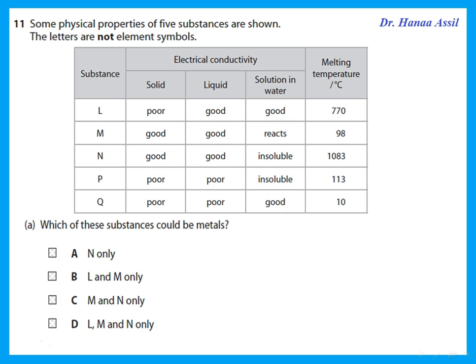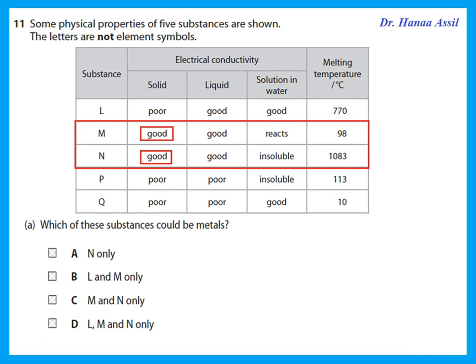Some physical properties of 5 substances are shown. Which of these substances could be metals? Well, how do I decide if something is a metal? Remember that a metal would conduct electricity when solid. So the ones that conduct electricity when solid must be metals.